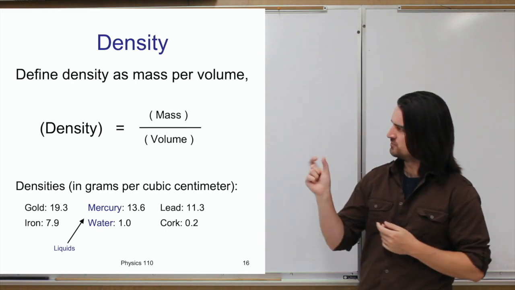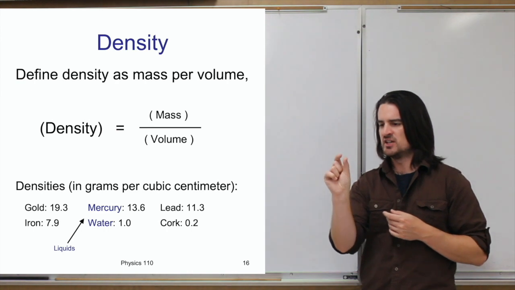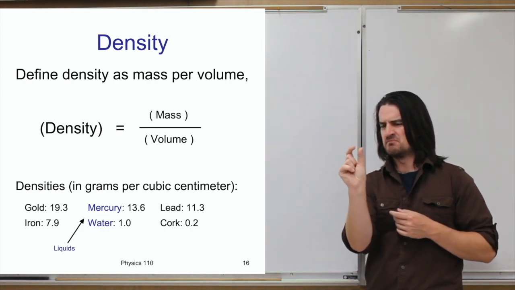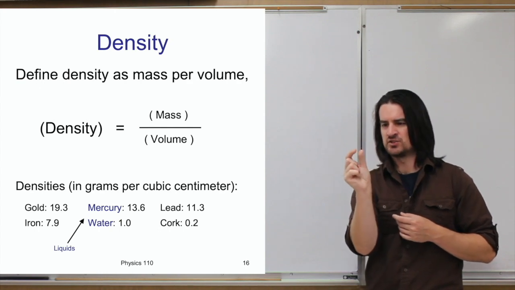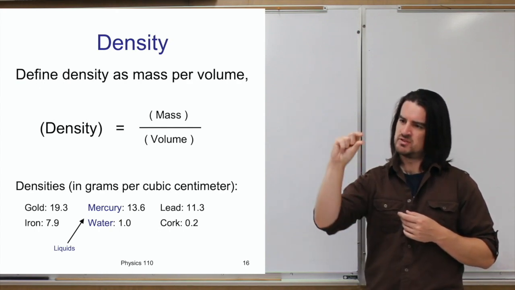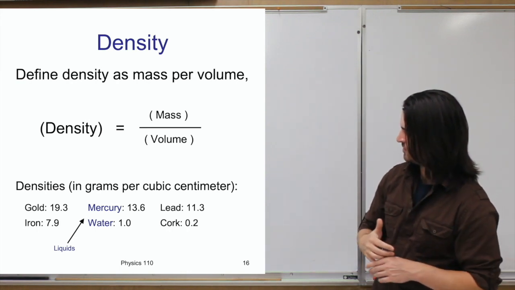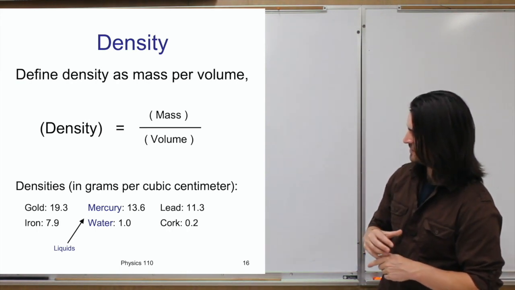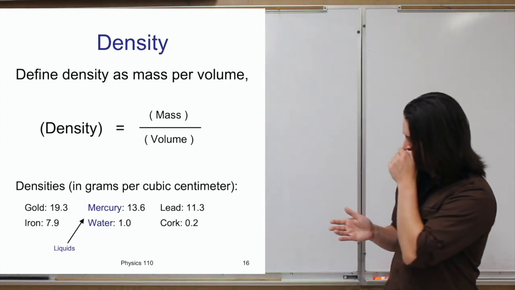And volume in our case, we're going to measure in cubic centimeters. A centimeter is a little less than half an inch, so a cubic centimeter is like a cube, sort of like that size. Okay. So a gram per cubic centimeter, and we just have some examples of the density of different materials.